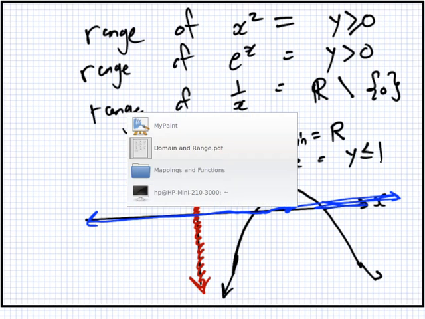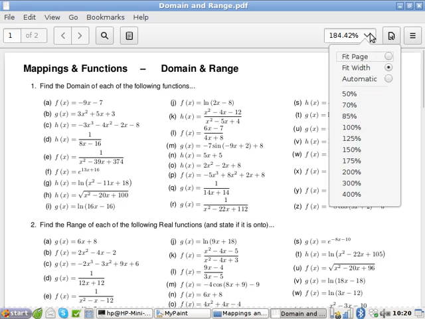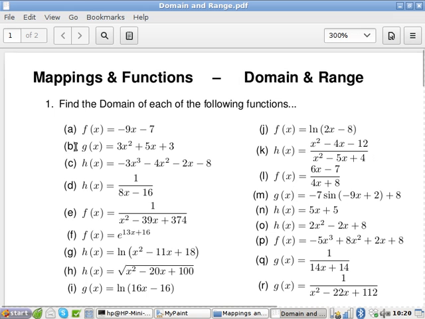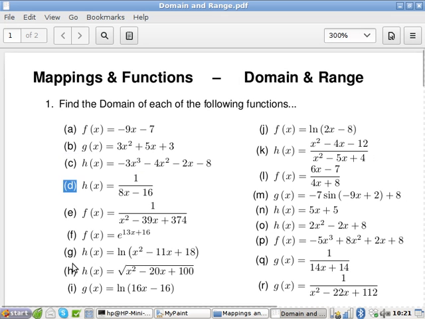So let's have a look at some examples. Find the domain of each of the following. How about we start off with B, D, and H. So if you just write the question down and I'll do it.